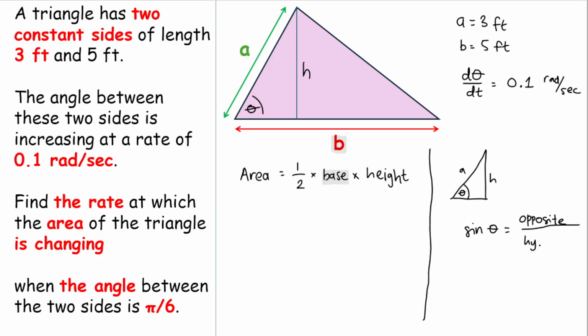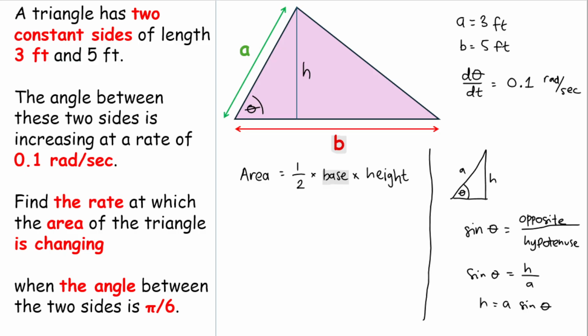So remember the trigonometric class. So we will have sine of theta is equal to H divided by A. Let's isolate for H. We will have A sine of theta.